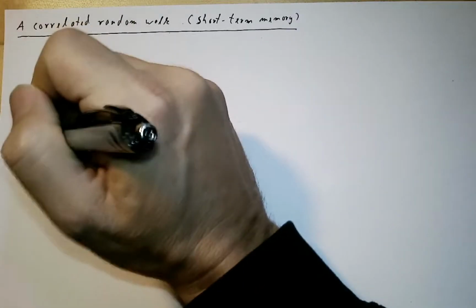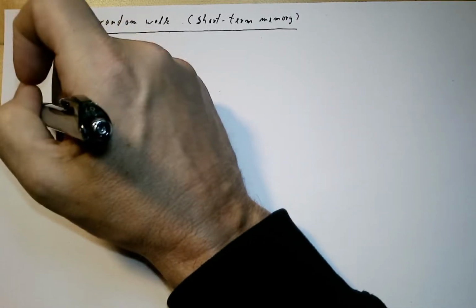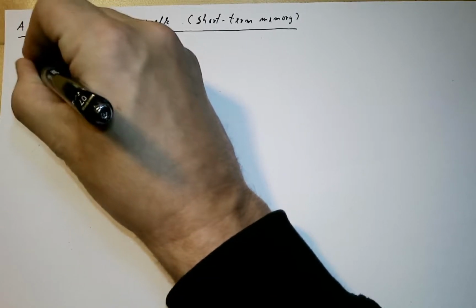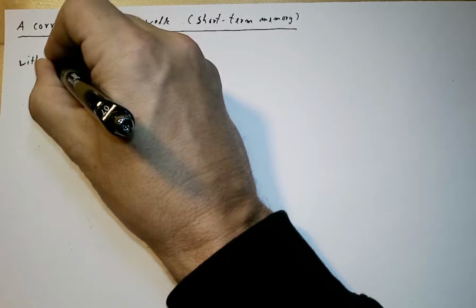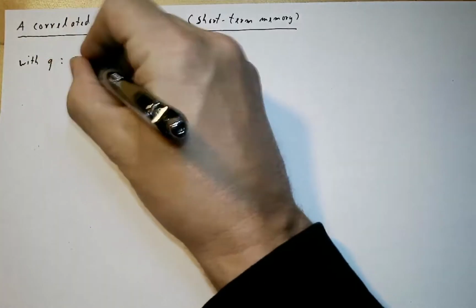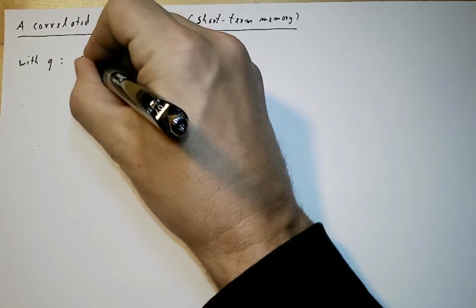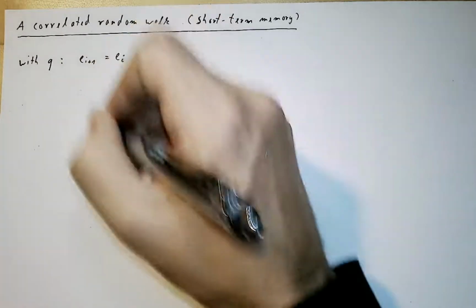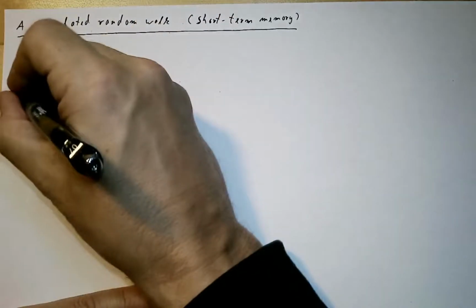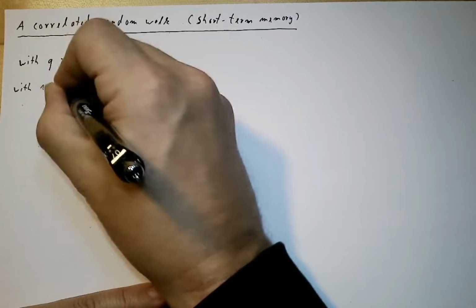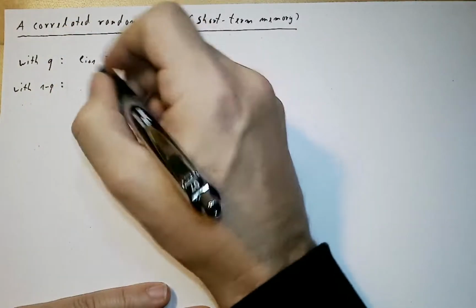So now we have again our increments of the random walk, and then we take again a biased coin, and with probability q we have now an increment in the next step which is exactly the same as the increment before, and with 1 minus q we just take the negative.